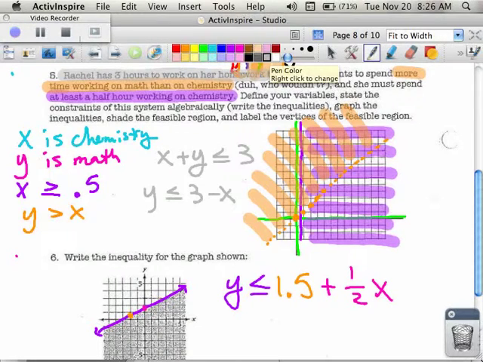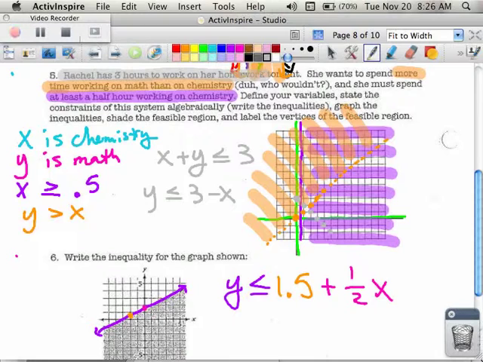The very last constraint is where I can't exceed 3 hours of homework. My life is very busy. So I put a dot on the y-axis at 3 in gray. And my slope is -1, which means go down 1, right 1. So I continue to put dots by going down 1, right 1.